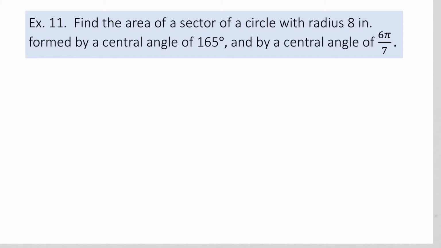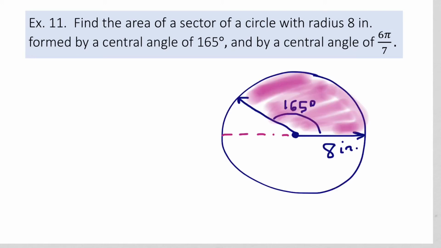So let's draw a quick sketch. Okay, so I made this little sketch. So my circle of radius 8, and we're asked for the area of this sector here in pink, which is formed by a central angle of 165 degrees. So that's less than 180 degrees, so about here. All right, so we're going to do this part first.